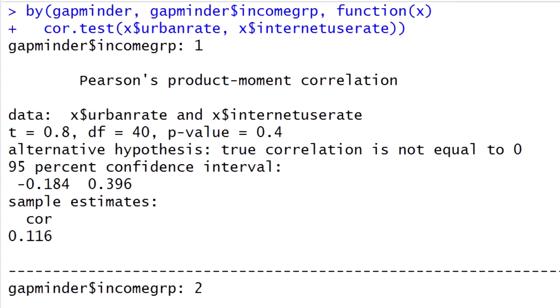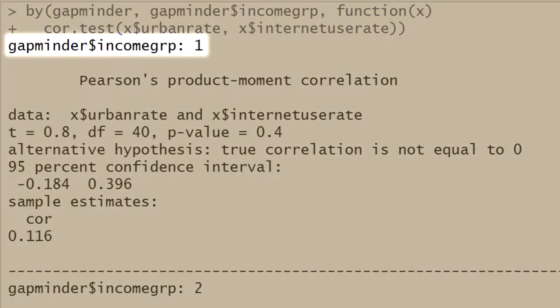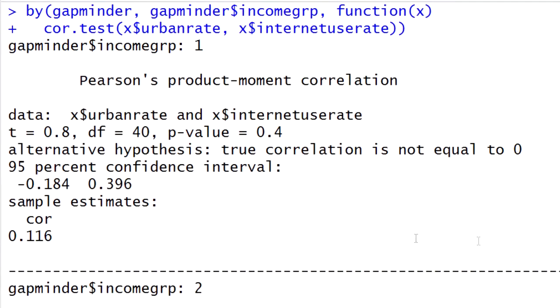When we examine the correlation coefficients between urban rate and internet use rate for each of the income groups, we find the following. For Group 1, the low income group, the correlation between urban rate and internet use rate is 0.116 and the p-value is not significant.